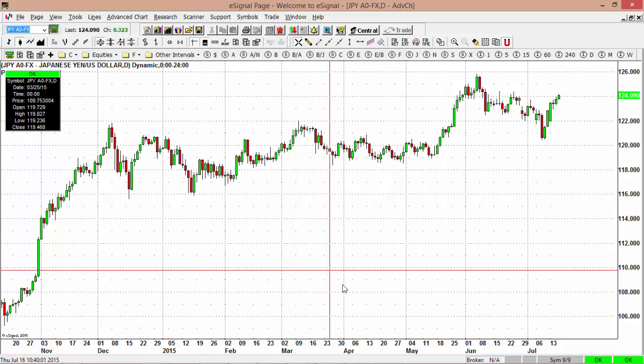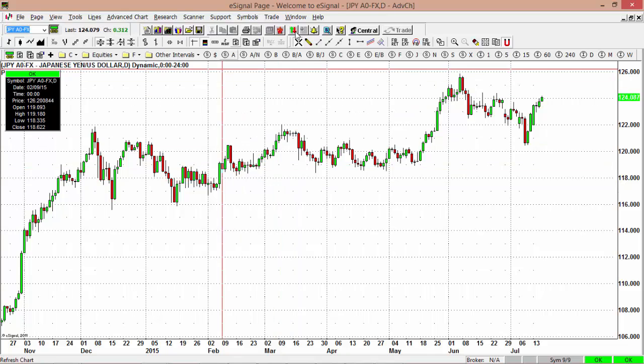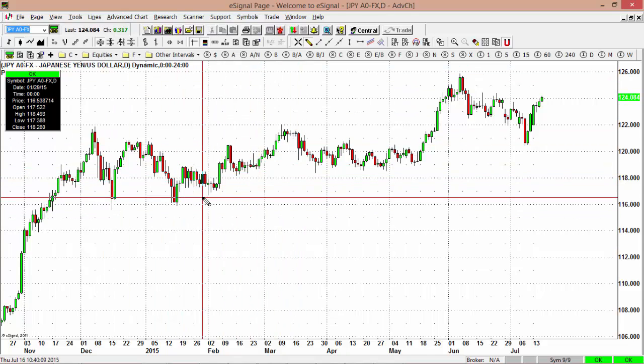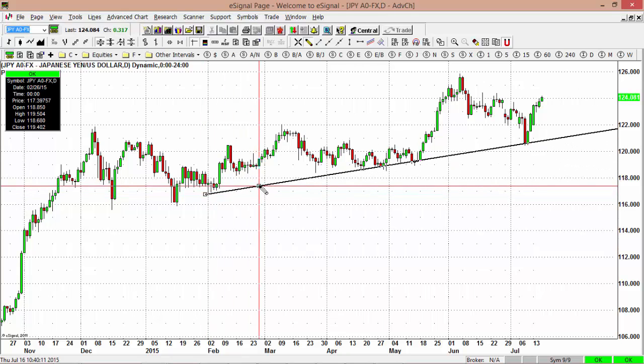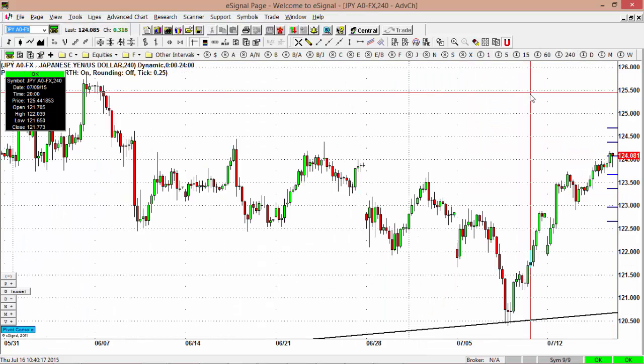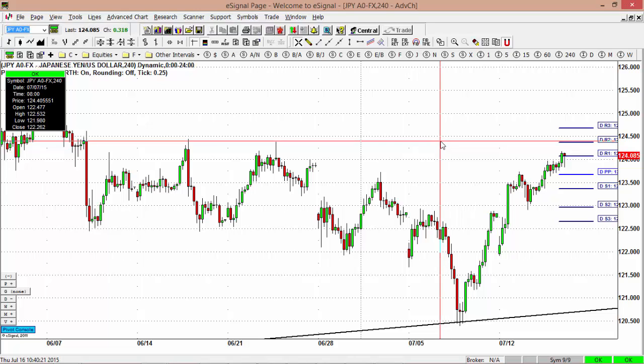Okay, so moving on. This is a chart of the USD versus the Japanese yen, and we are in an uptrend, and the market is currently approaching the swing highs near this 124.50 level.